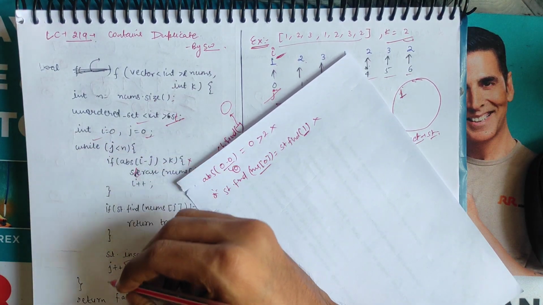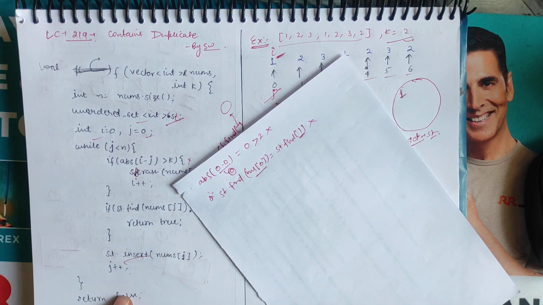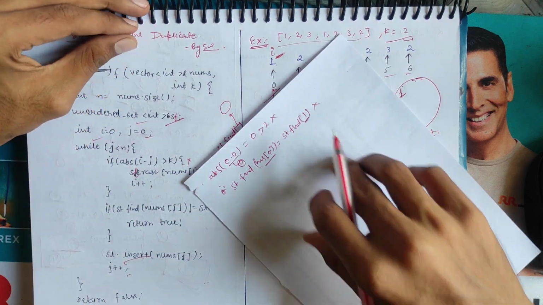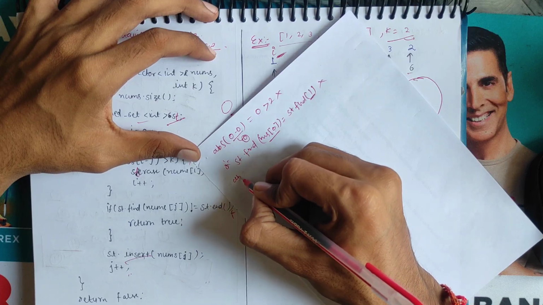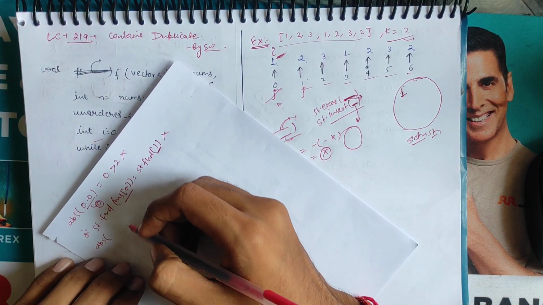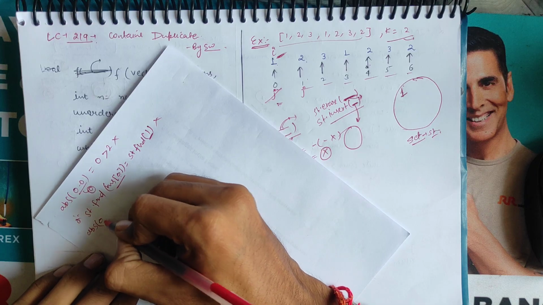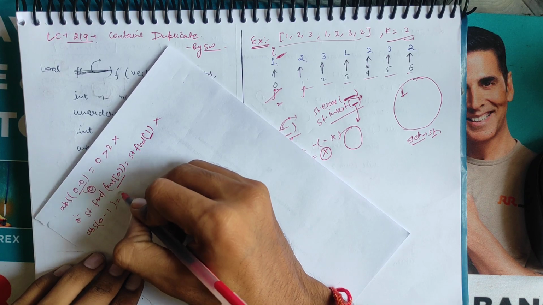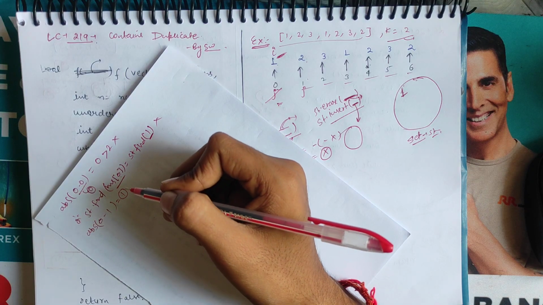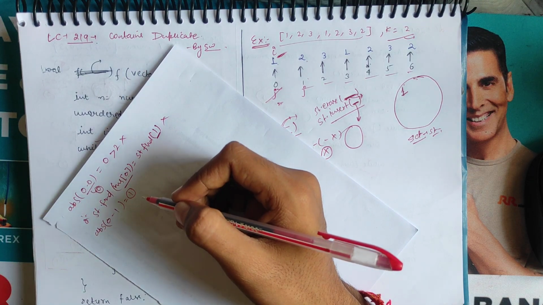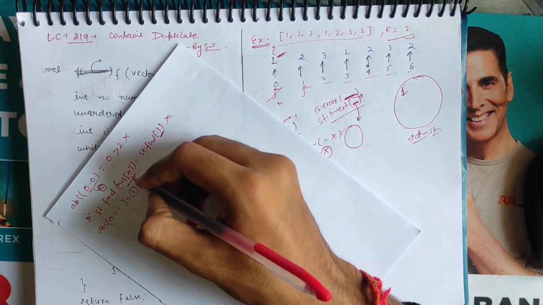Again, we move till here and start from here. So the absolute value of i minus j: 0 minus 1 is minus 1, and the absolute changes it into a positive value, 1. So is 1 greater than 2?